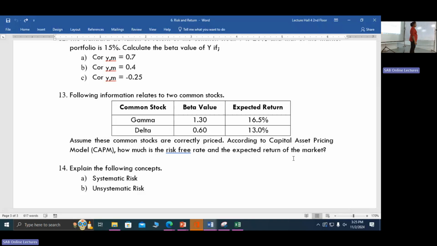The difference between the market return and the risk-free rate is the market risk premium. If you write it for delta, 13% is equal to the risk-free rate, which is not known, plus beta, which is 0.6, into the market risk premium.